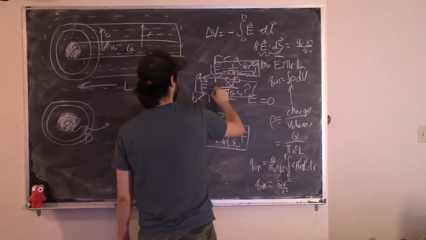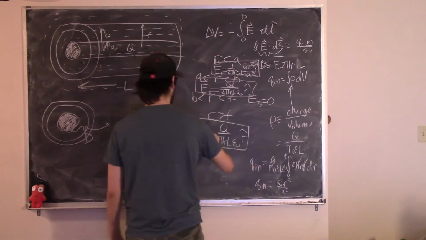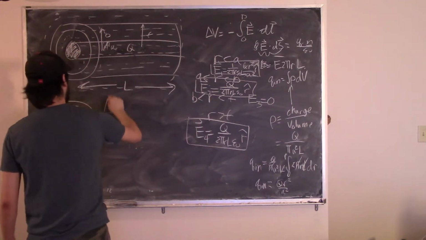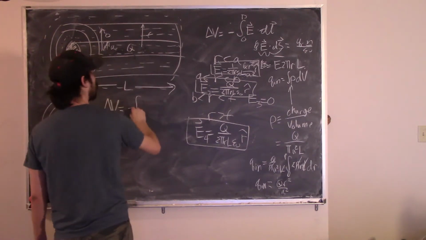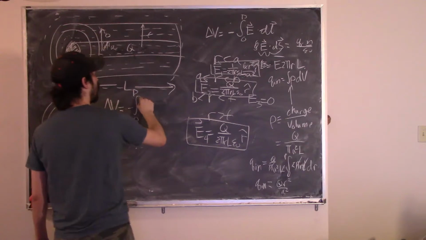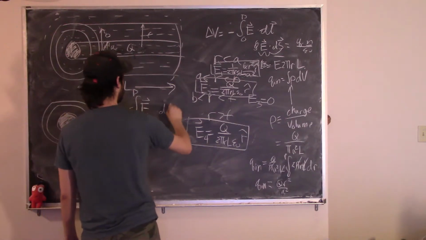So call this one E1, call this one E2, call this E3, call this E4. Delta V is going to be equal to the negative integral from 0 to d of E vector dot dl.